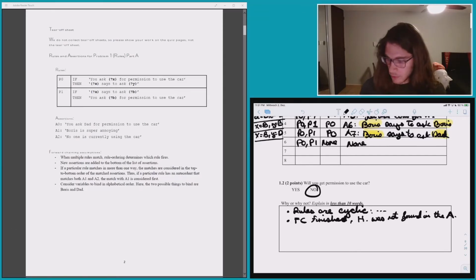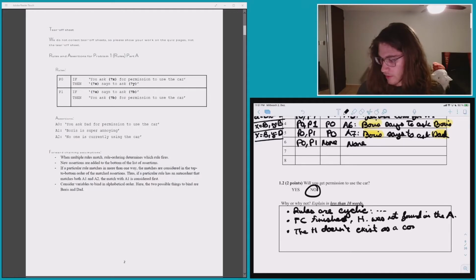And then this one would be a more observational one, which would be that the hypothesis doesn't exist as a consequence of any of the rules.